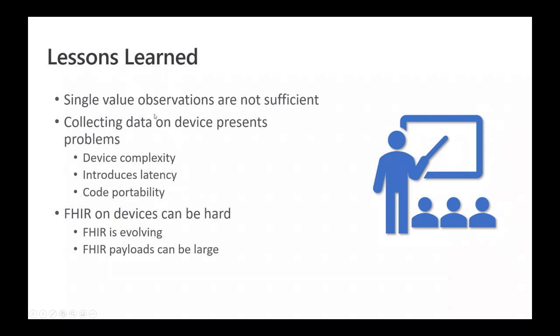One of the things, as I just alluded to in the last slide, is that single value observations are not sufficient. We don't want to have only the option of storing that heart rate data as a single point. Thankfully, FHIR does have a time series format called sample data that allows us to group collections of data into a time series format.